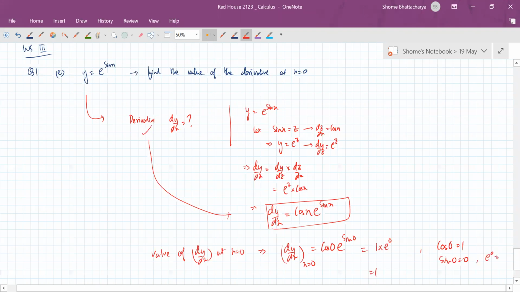Sir, the 0 given is in radians or in degrees? It doesn't matter. 0 degrees is equal to 0 radians only. So that's why no unit was given. Actually, in any case, if no unit is given, the default meaning is radians.